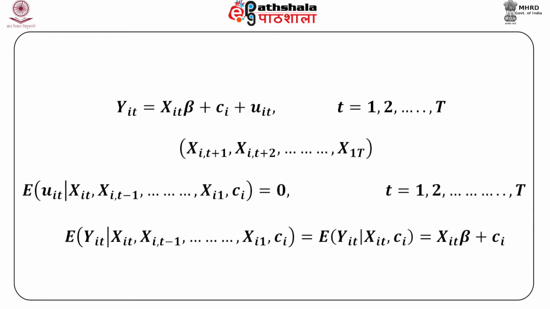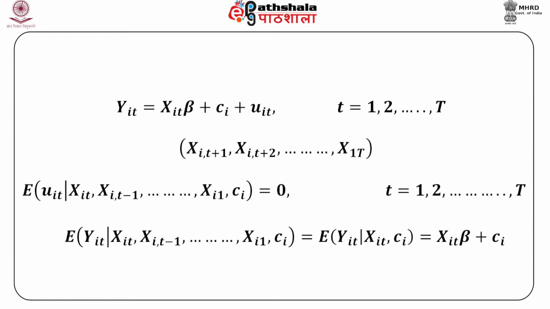So given the model in equation 1, assumption 2 will be equivalent to the expected value of Y_it given X_it, X_i,t-1 up to X_i1 and C_i equal to the expected value of Y_it given X_it and C_i, equal to X_it beta plus C_i. This is our equation 3.